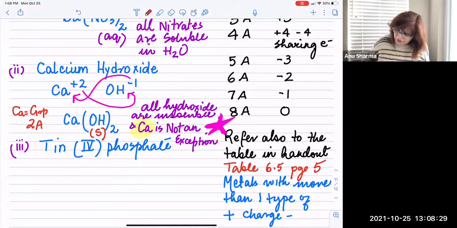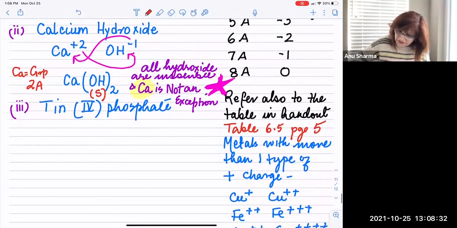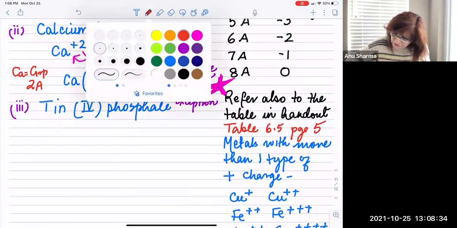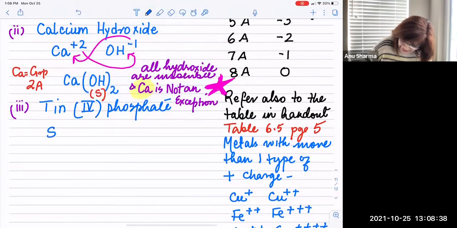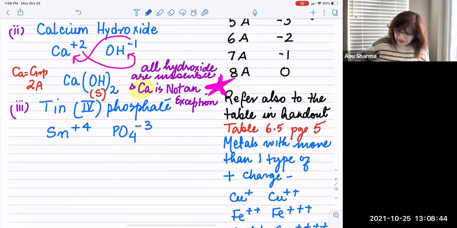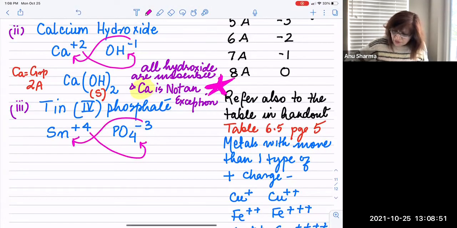Okay, so now we have this tin 4 phosphate. Tin is Sn. 4 means plus 4. Phosphate is PO4, 3 negative. So you see this number comes here and this number is going to come here. What do you get here?